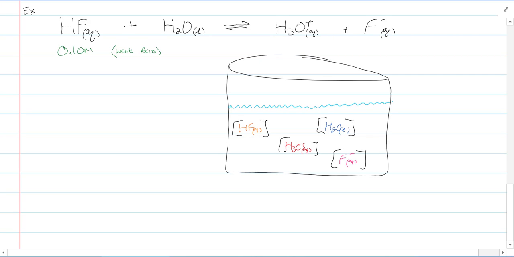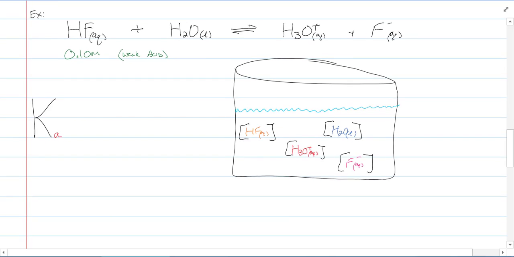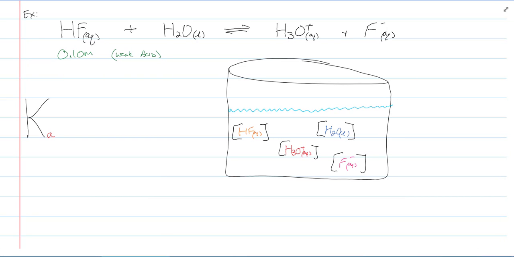So now my equilibrium constant K, capital K. Eventually we'll get to that this is going to be a Ka, though we don't know that yet in the book. It's Ka because hydrofluoric acid is a weak acid. Little side note, how do I know it's a weak acid? Well, it's not one of our 7 strong acids.